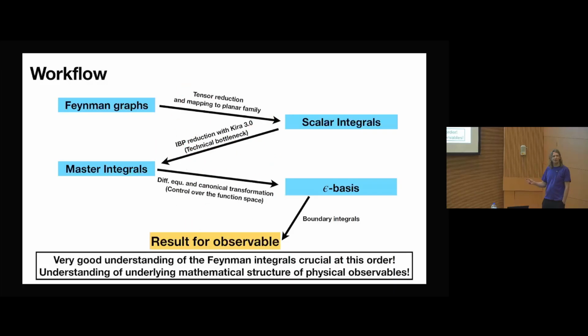The canonical transformation is also getting harder. The integrals are much more complicated. You again have different K3 and Calabi-Yau threefolds appearing, which are not as nice as the ones appearing here, which are actually really, really nice. So this gets more difficult, but in principle, we can use the same methods. The question is if you can get through the IBP reduction. I think we can do it, but you never know until you have done it. So, yeah.